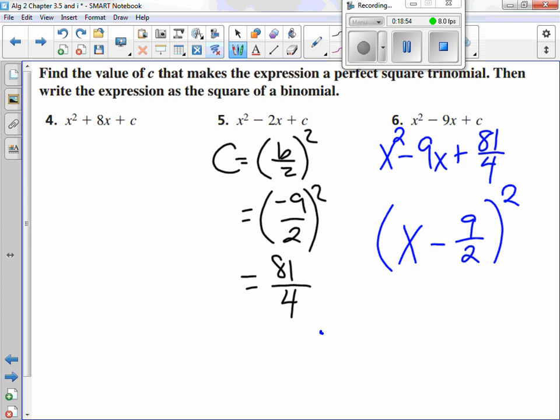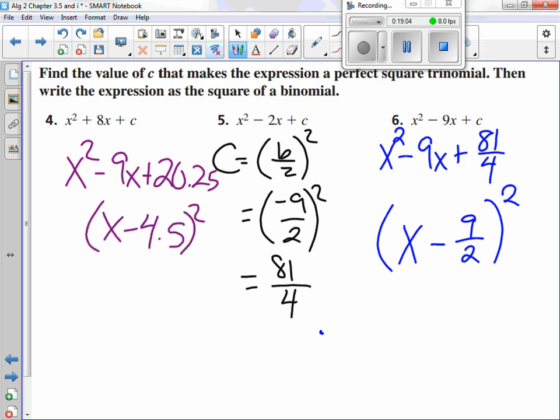Because as a decimal, this would have been x squared minus 9x plus 20.25 and (x minus 4.5) squared. Because 9/2 and 4.5, those are the same number, aren't they? Well, yes. 20.25 and 81 over 4, those are the same answer.